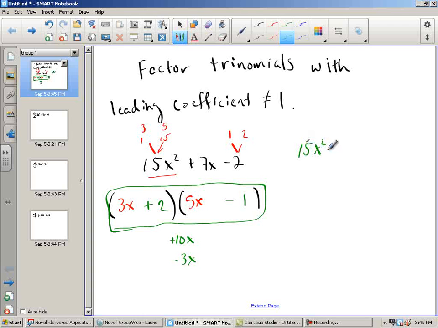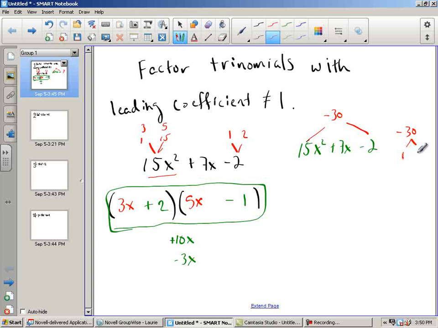I'll start with 15x squared plus 7x minus 2. What I'm going to do is multiply the two ends together. I would get negative 30. I'm going to take that negative 30 and split it into factors that give me positive 7.